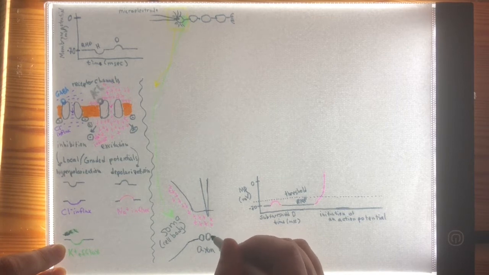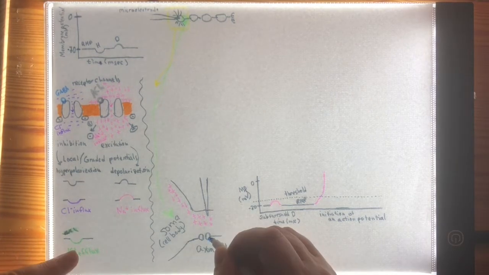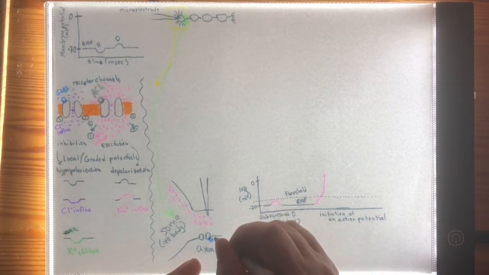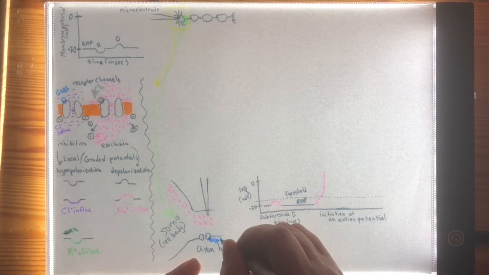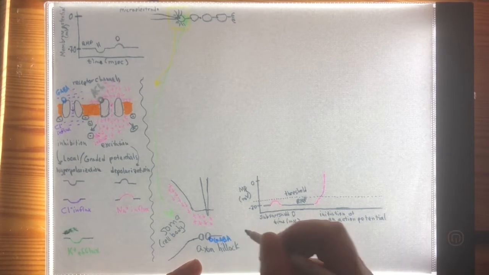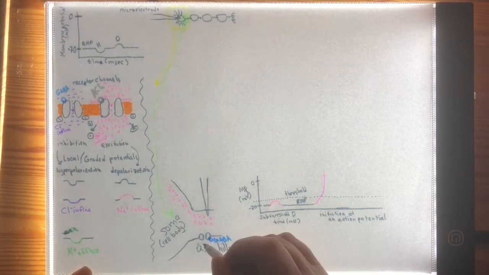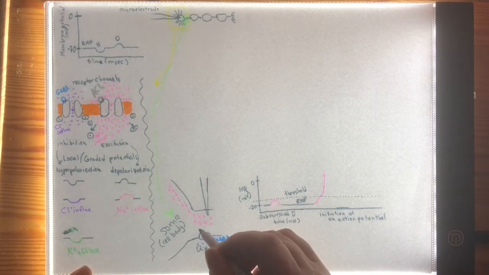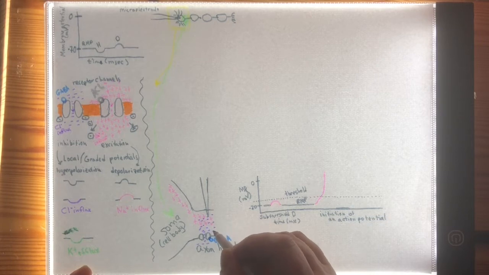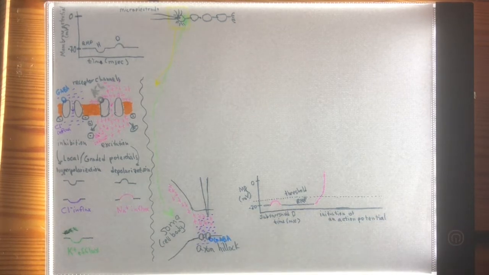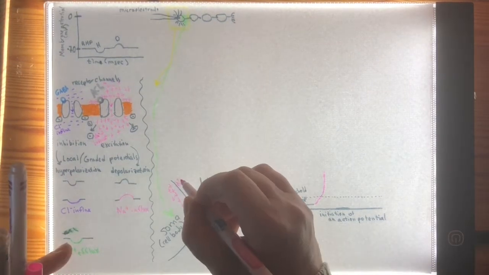But before we do, I want to detail a specific example of something that can happen at the Axon Hillock, a really interesting example, and it happens all the time in the nervous system. We have inserted into the Axon Hillock a GABA-sensitive receptor channel, which when GABA binds to it, of course, allows for the influx of negatively charged chloride ions.